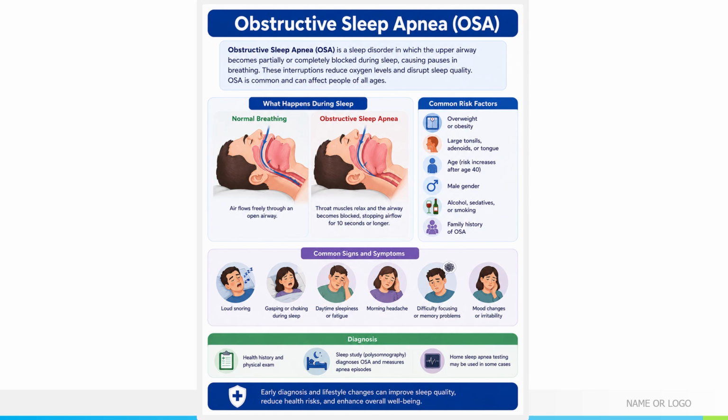Other important risk factors include large tonsils and large adenoids, a large tongue, craniofacial abnormalities such as a recessed jaw or narrow airway, increasing age, male sex, although women are also affected, particularly after menopause, family history of obstructive sleep apnea, smoking, alcohol consumption, especially before bedtime, and any sedation medications or sedative medications, however, these are going to further relax airway muscles.